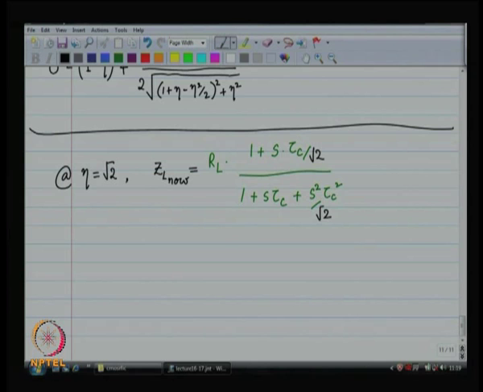And we have got a 0 at what frequency? Zero in the left half plane.